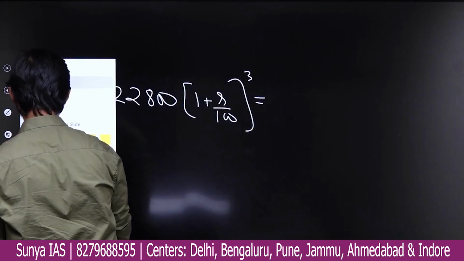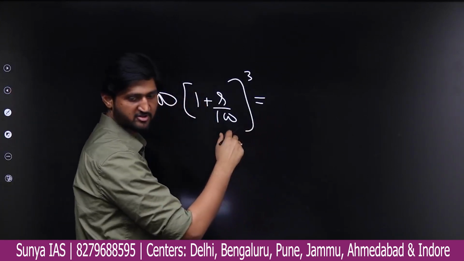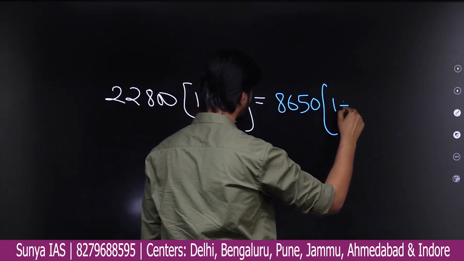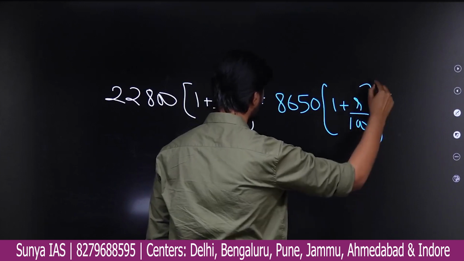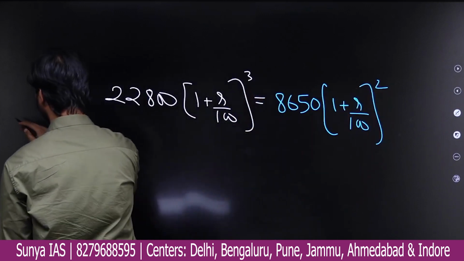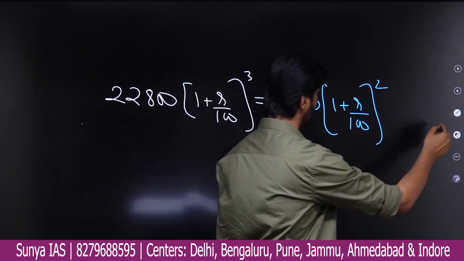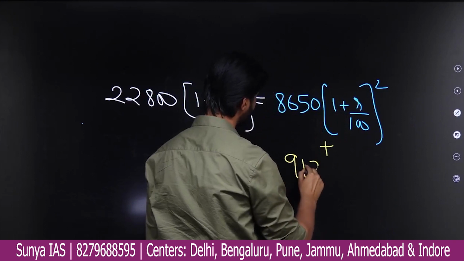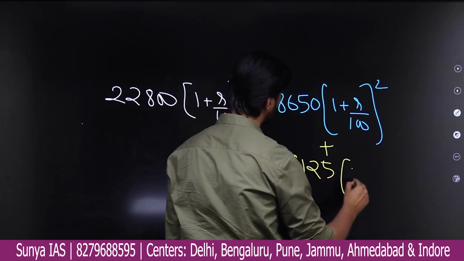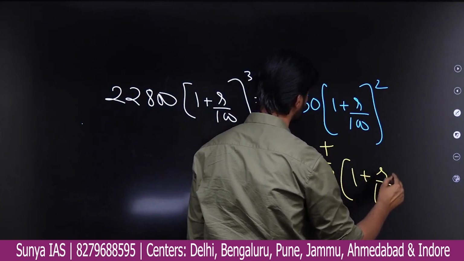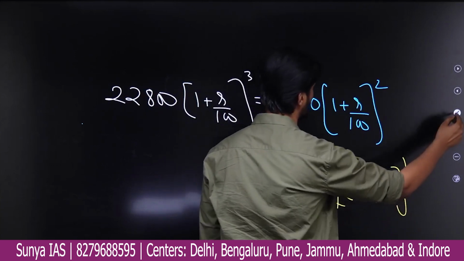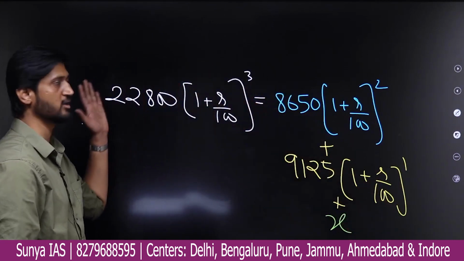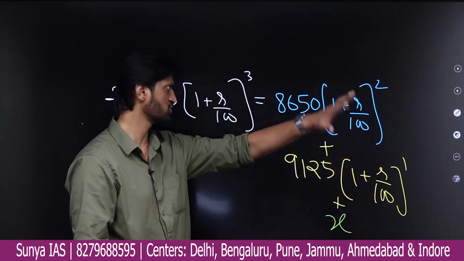First, 8650 being compounded for a period of 2 years. Then 9125 being compounded for a period of 1 year, and then the last installment, that was X. This is what I had written previously on the slide, which flickered away.